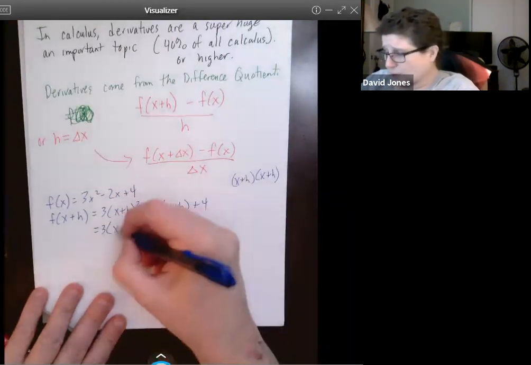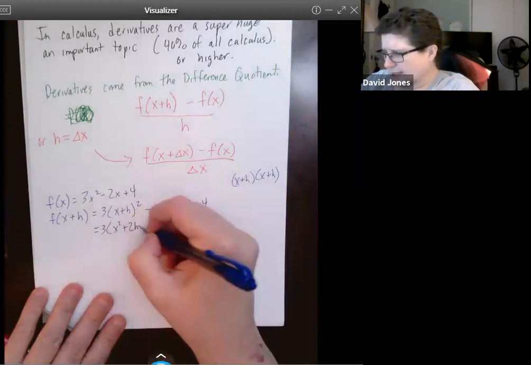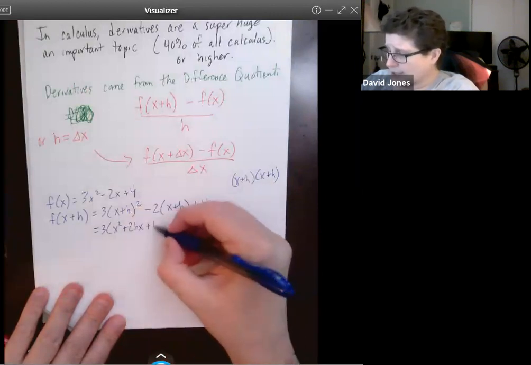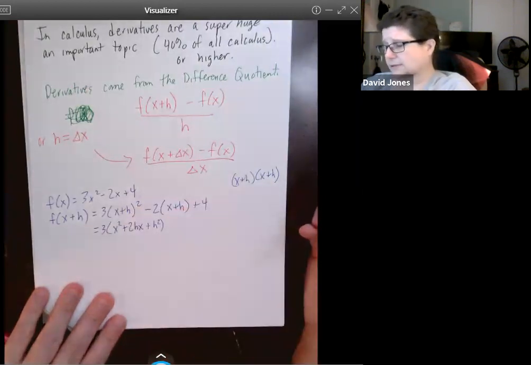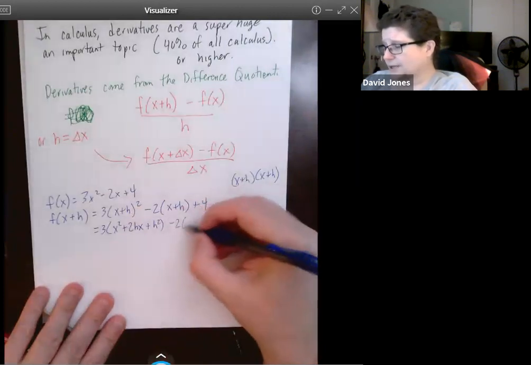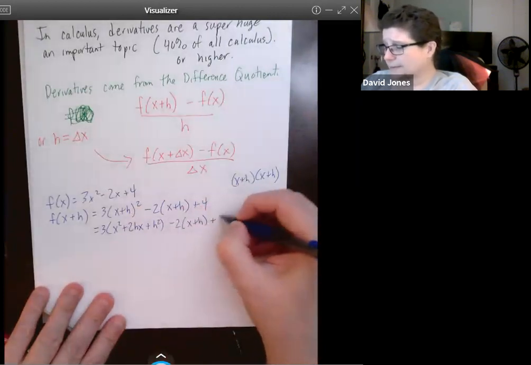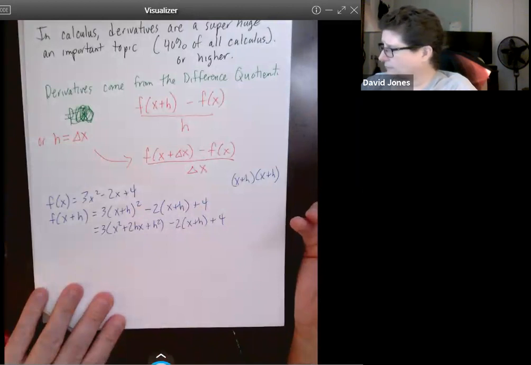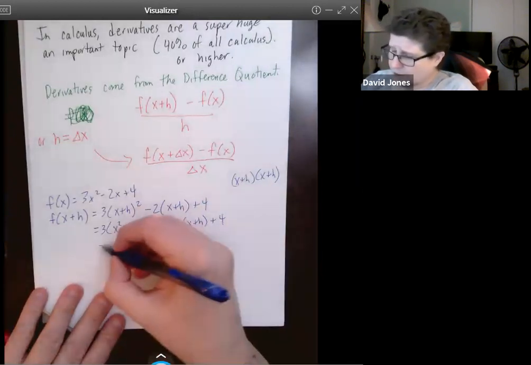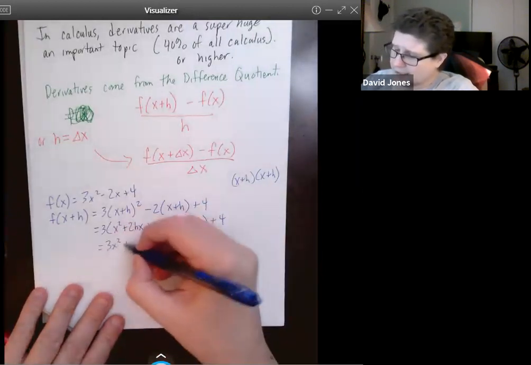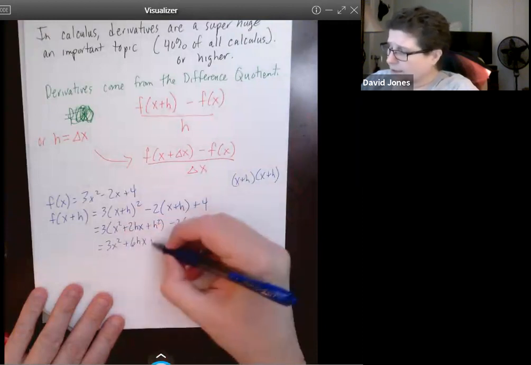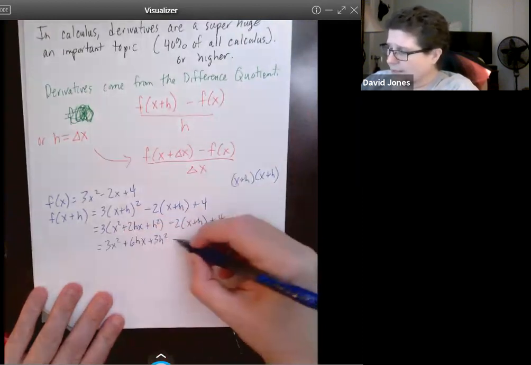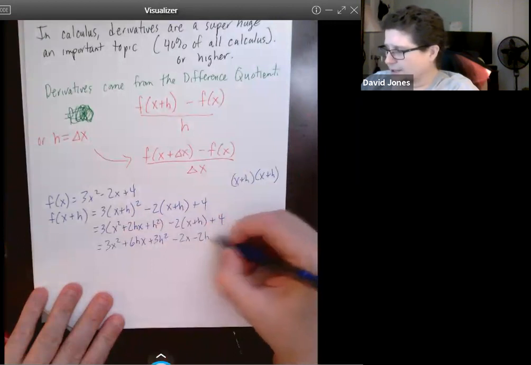So there's an x squared, there is 2hx, and then there's plus h squared. Minus 2 times x plus h plus 4. I distribute, I've got 3x squared plus 6hx plus 3h squared minus 2x minus 2h plus 4.